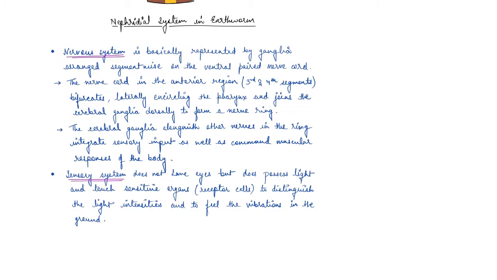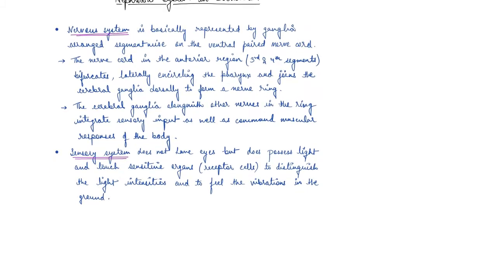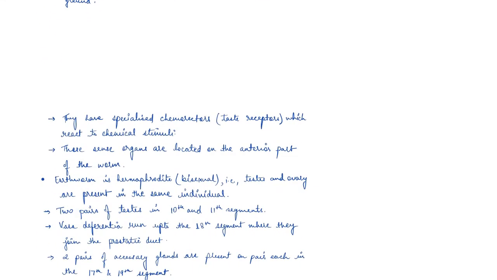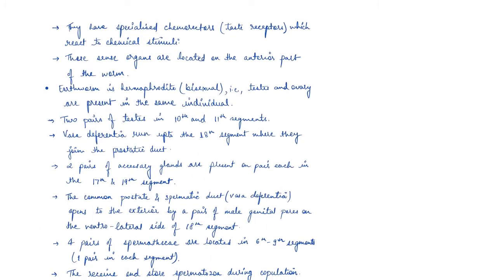That is why they distinguish between day and night as per the light intensities, and they also feel the vibrations in the ground. Apart from that, they also have chemoreceptors, which are taste receptors that react to chemical stimuli.